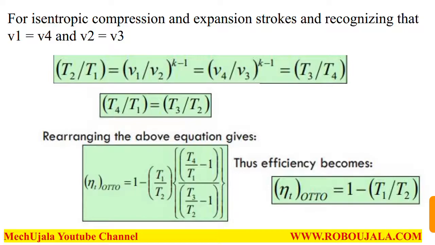So after that we can write this equation as T4 by T1 is equal to T3 by T2. Now if we take common T1 from here and T2 from here, then we will get T4 by T1 minus 1 is equal to T3 by T2 minus 1, and now we can cancel out. Then we will get the efficiency of Otto cycle as 1 minus T1 upon T2 with the help of graph.